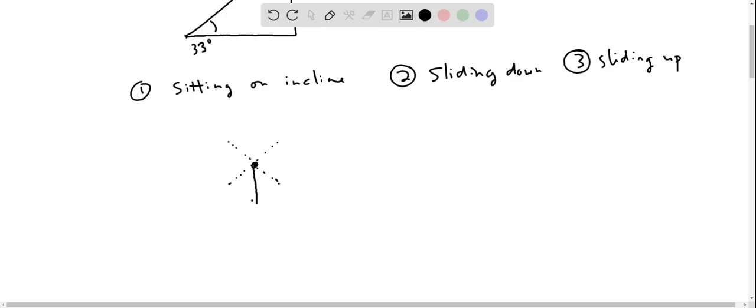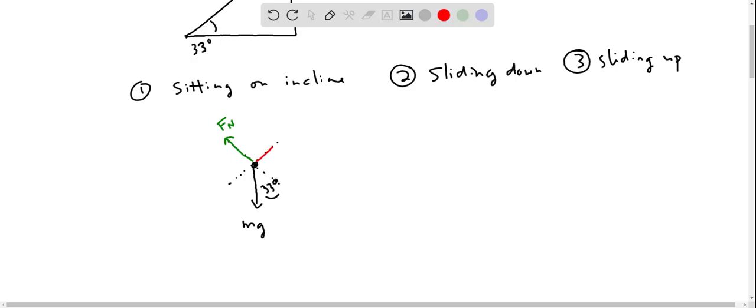So the main forces, of course, are the mg, which makes an angle of 33 degrees to the vertical, and then the normal, which goes perpendicular to the plane. Now, because that box isn't moving, it must have a friction force holding it in place.